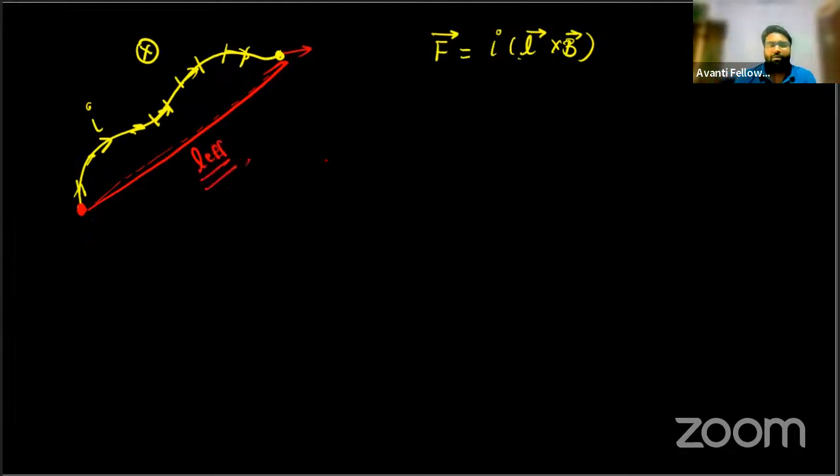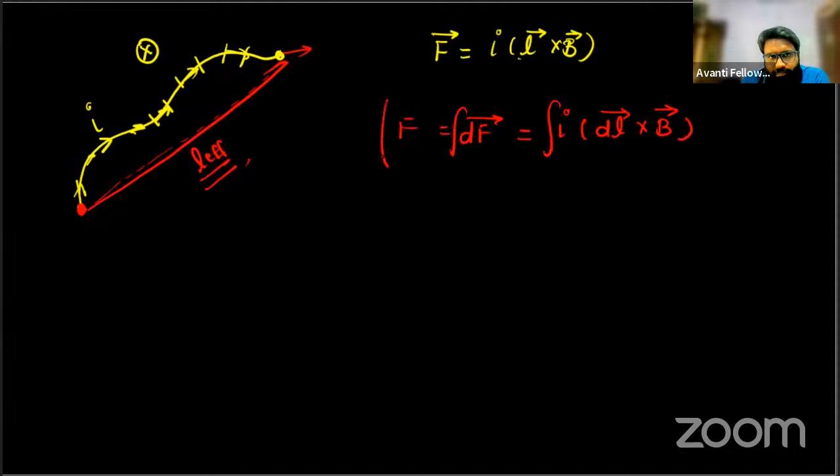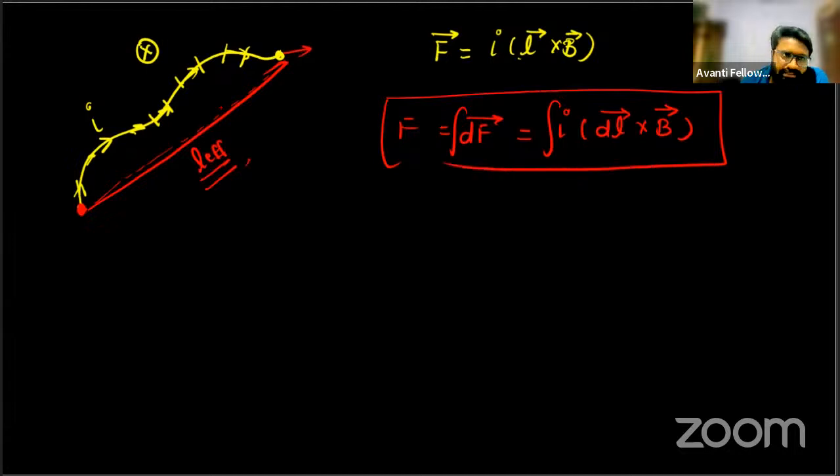Although for the expression of force, you can say it is dF vector, a small force for a small length you can calculate, dl vector cross B vector, and when you take the integration of it, it will become the force. But in these types of cases, this will be the effective length.